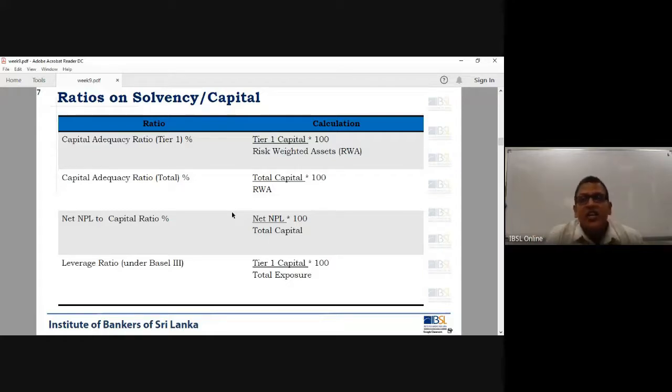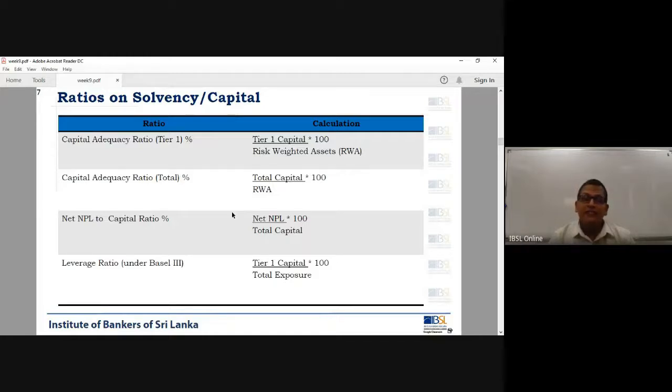And liquidity, of course, is also considered as one of the resources, because that also functions as a resource to absorb any risk arising from the liquidity of the banks or banking industry. So in that case, the ratios on capital and solvency are most important.